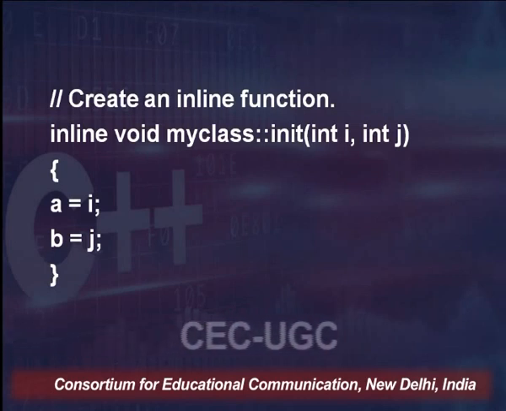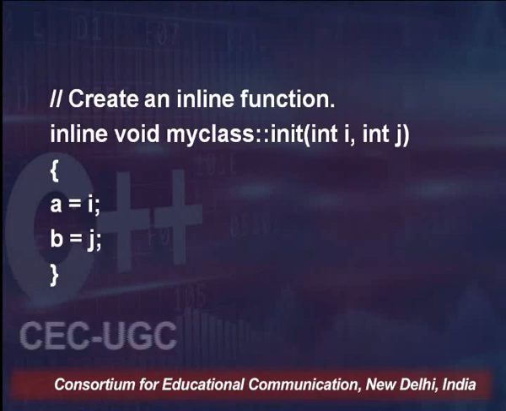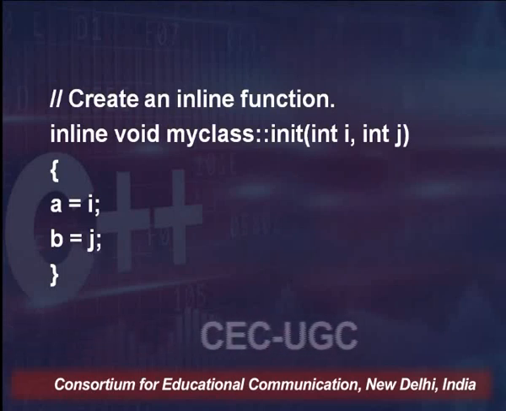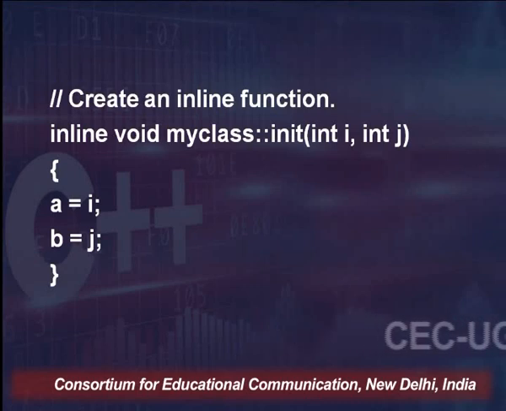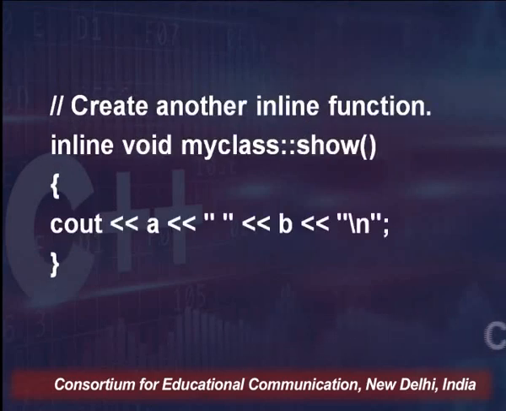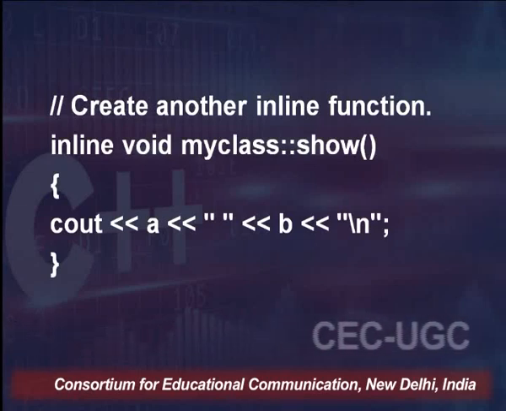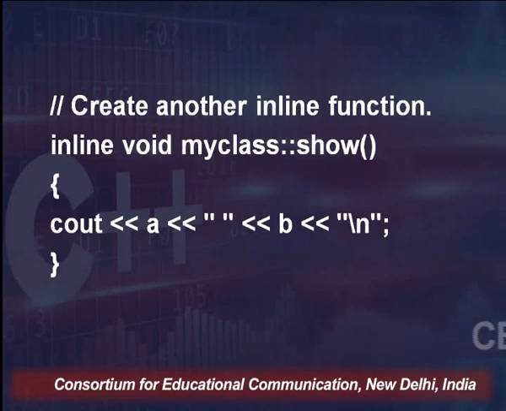The whole definition goes like this: inline void my class scope resolution operator init, within the brackets integer i, comma, integer j. So, we have created an inline function even if it is not defined inside the class. One inline function has been created. To create another inline function, we use the same strategy: inline void my class scope resolution operator show.